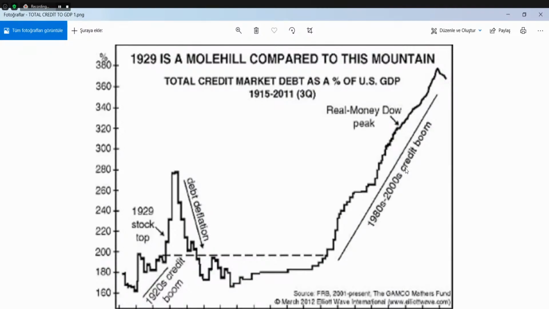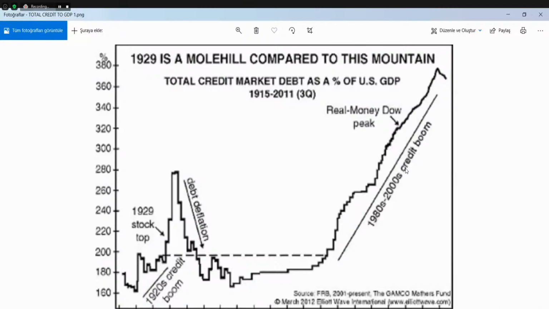So looking at this chart, I noticed that we had a crash even though credit was still expanding. And right here, what year do you call the real money Dow peak? That was probably based upon not adjusting for nominal gains with the dollar weakness. Is that correct?